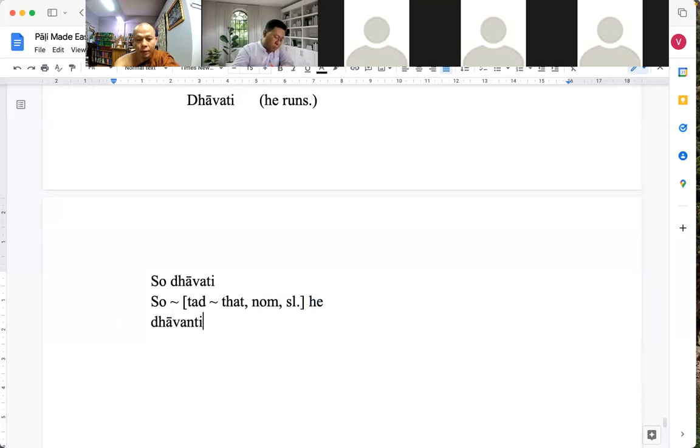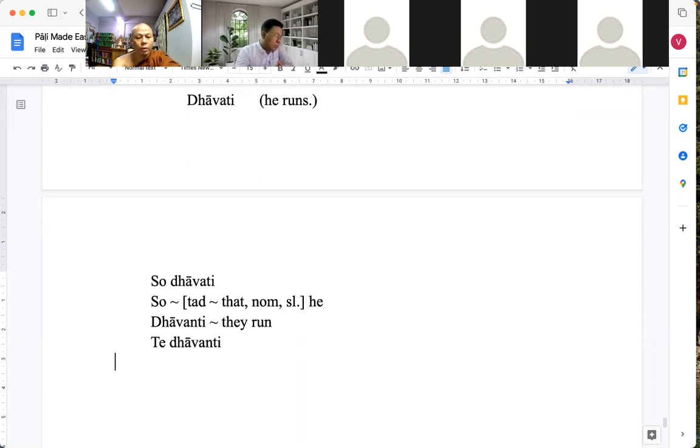And then dhavanti alone also can mean they run, because anti is the third person plural of the present tense, right? But in this verb, the subject is omitted. If we want to put it, we need to know that personal pronoun. So at that time, the subject will be they, te, dhavanti.